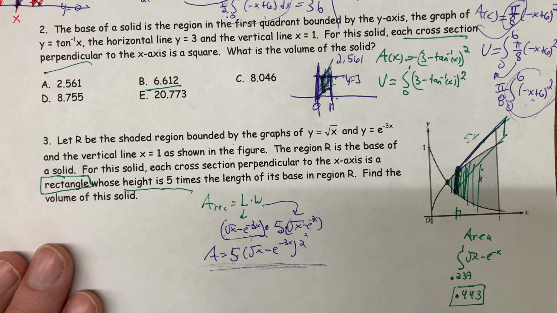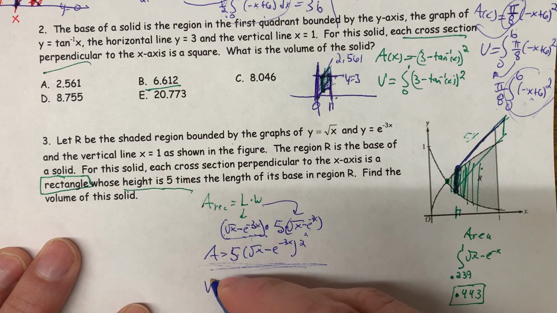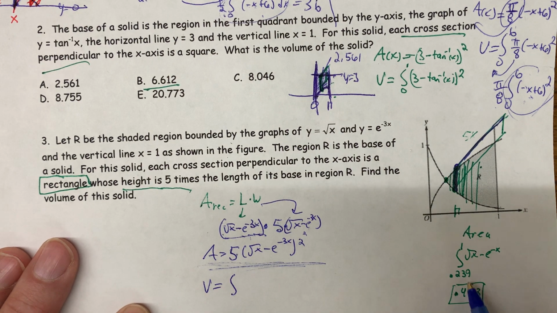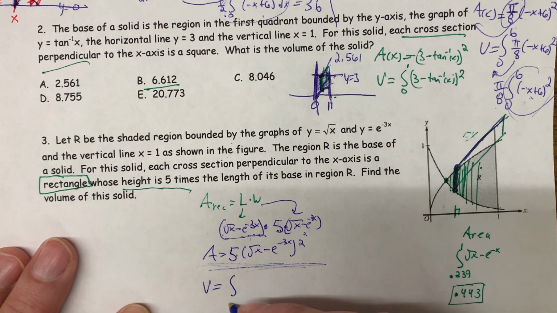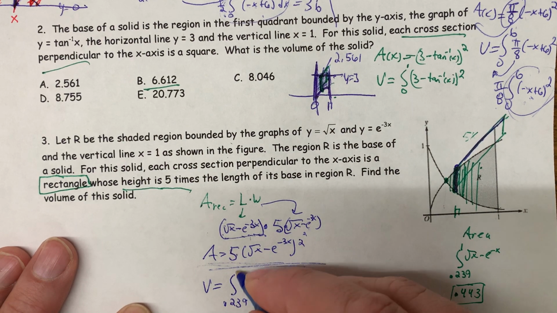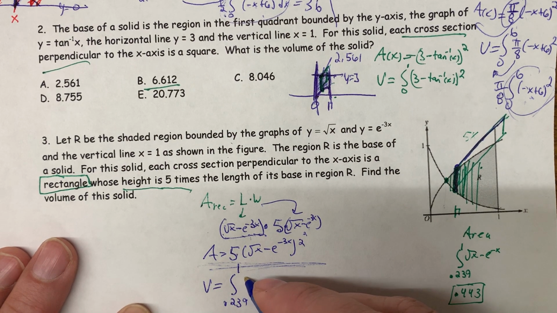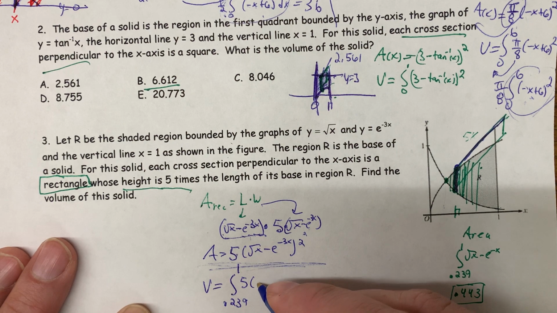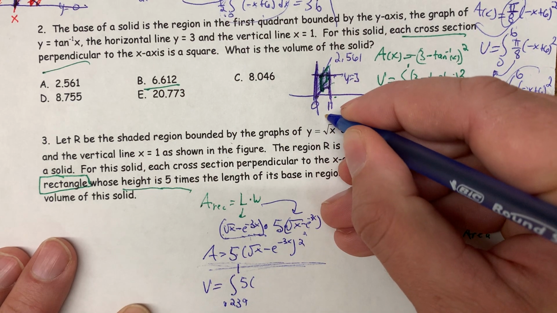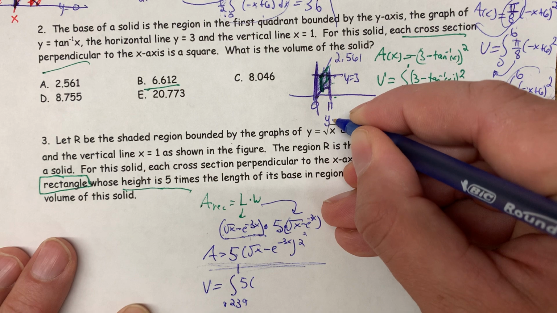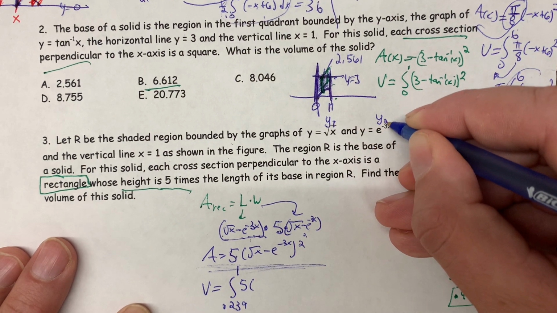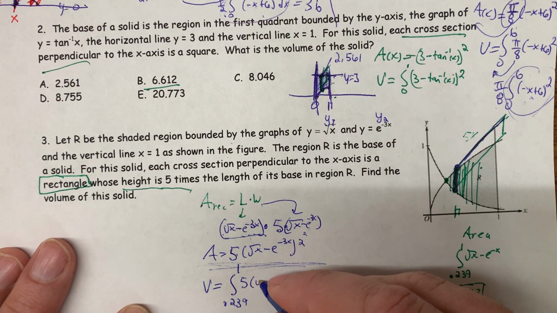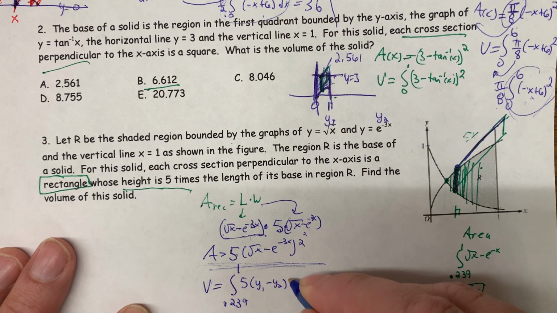So what's the volume? Well, the volume is the integral, still from here to here, so from 0.239 to 1 of 5 times, I'm going to call this y1 and this y2, because that's what I put in my calculator. 5 times y1 minus y2 squared.